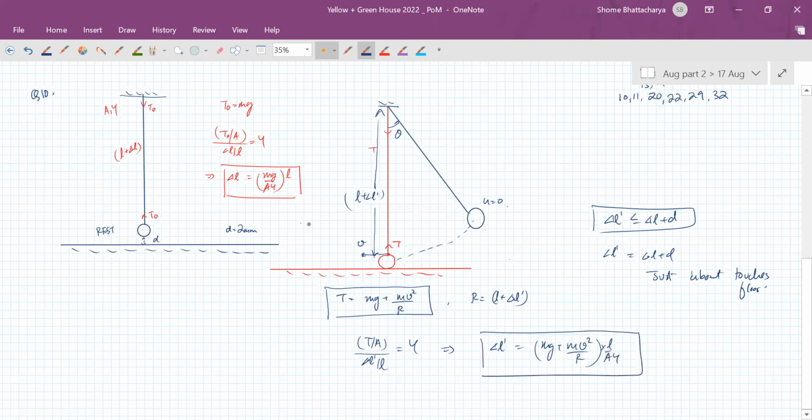This is basically the next equation. Now in this we have to put the condition that if delta L prime is delta L plus D, it's just about touching. Okay. So compare equation 1 and 2.